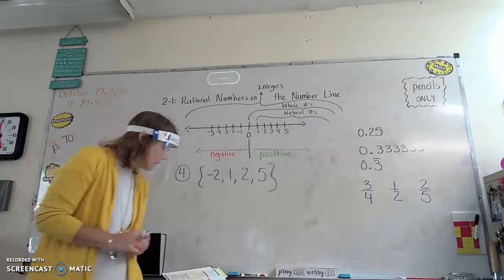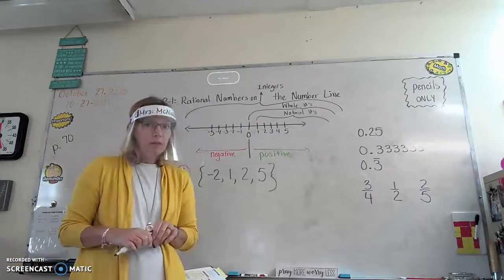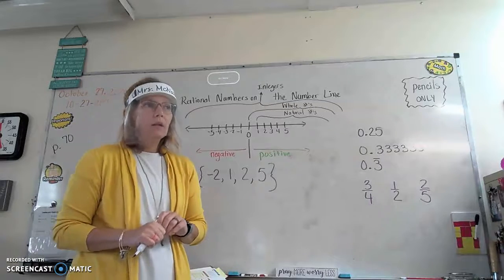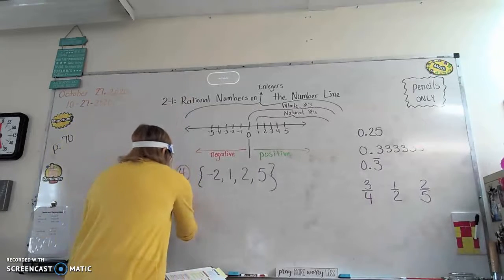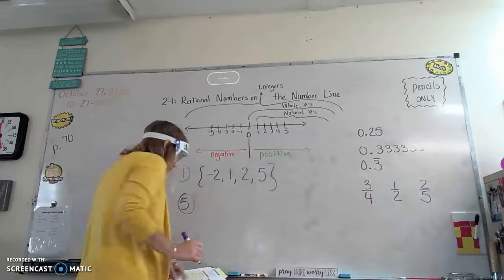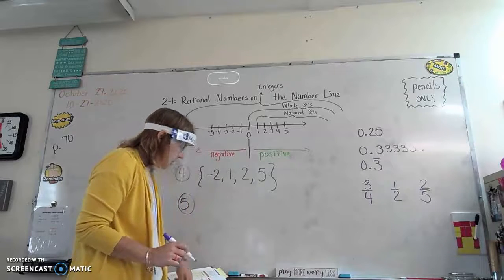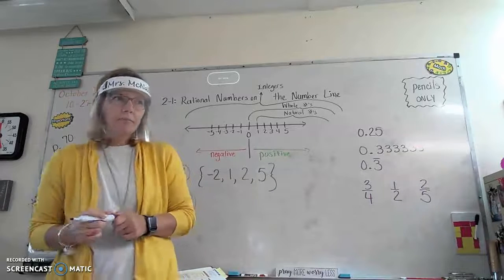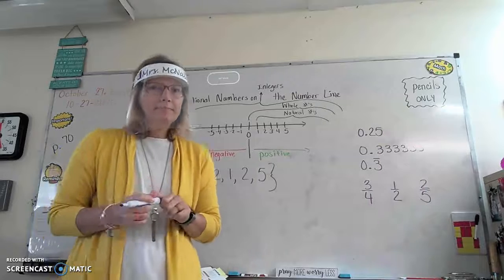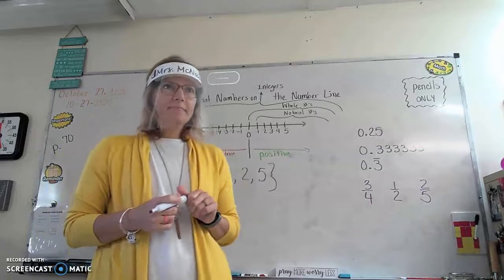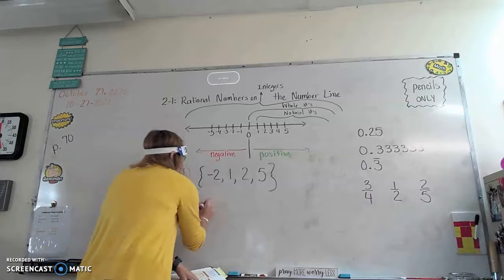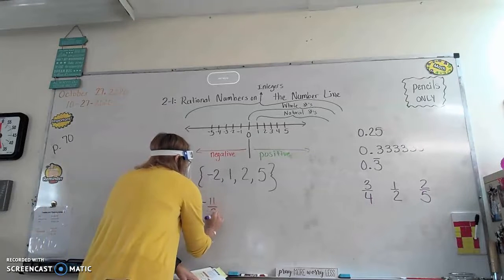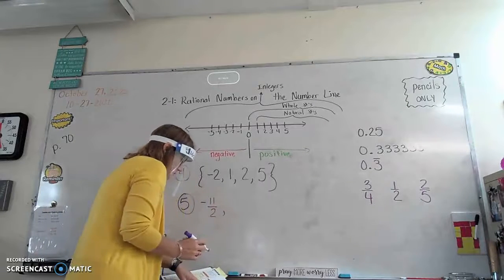Now we're going to look at some other types of numbers, like fractions and decimals, that are graphed on a number line. So can someone else tell me the numbers that are graphed on number 5? -11/2. And then it goes -9/2.